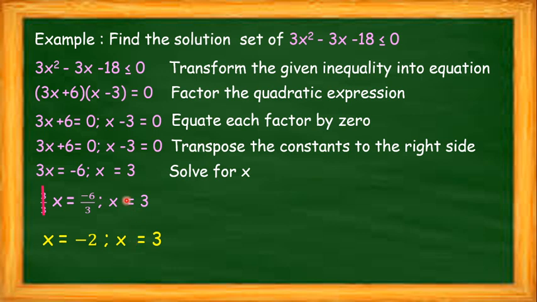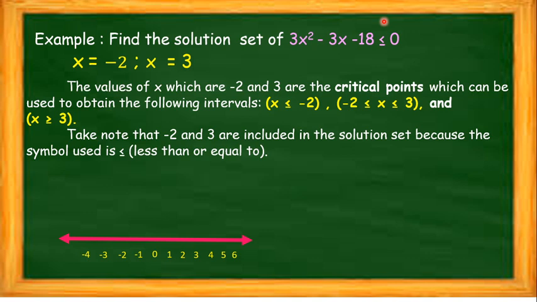By the way, these roots are called critical points because our given here is an inequality symbol. The values of x, which are negative 2 and 3, are critical points which can be used to obtain the following intervals. x is less than or equal to negative 2 and x is greater than or equal to 3.